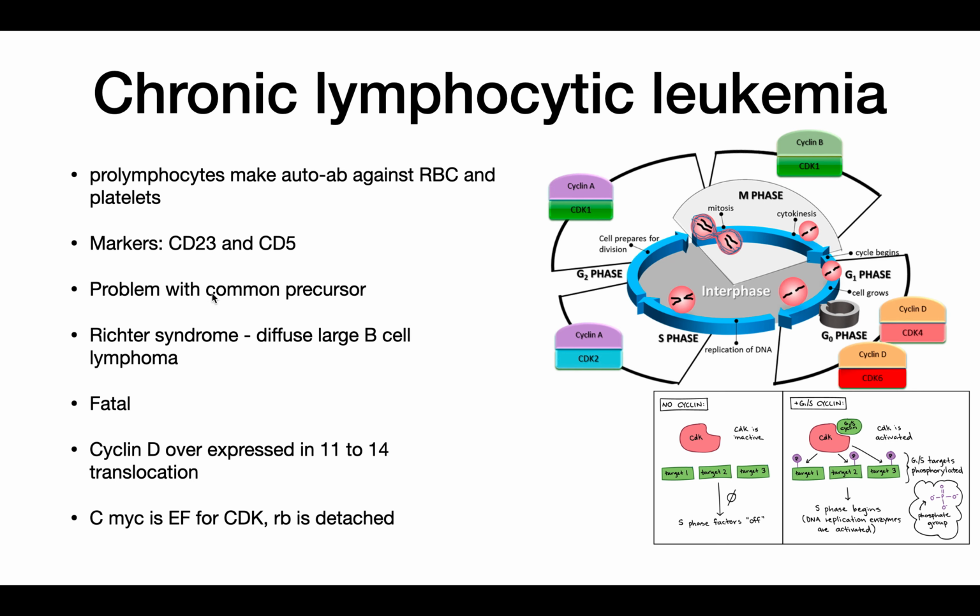So there's going to be a problem with the common precursor, of course, and that can transform into the Richter syndrome, where there is diffuse large B cell lymphoma, and that is fatal. So in that case, with the mutations of CD23 and CD5, there is an overexpression of cyclin D, thanks to a translocation in chromosome 11 and 14.